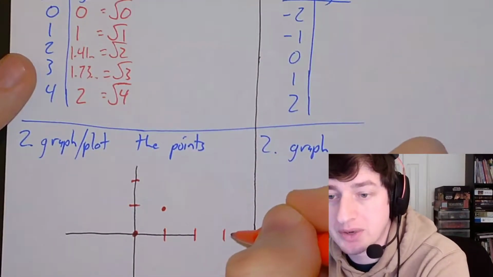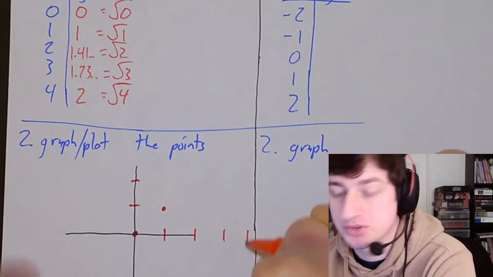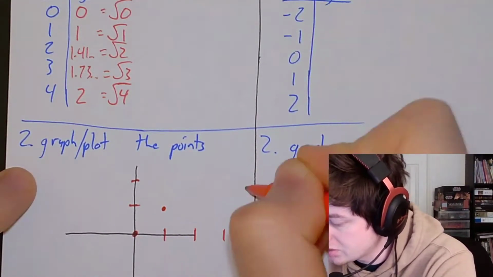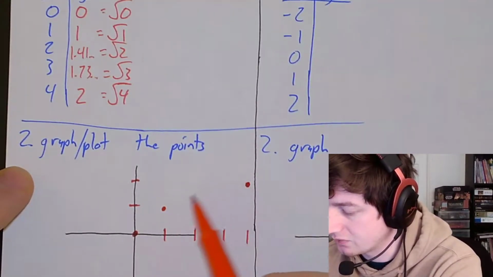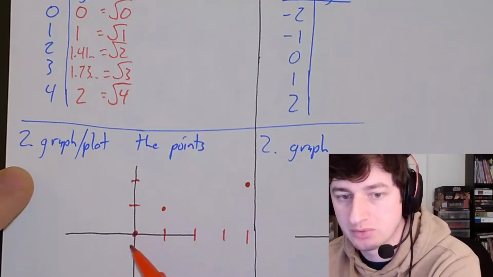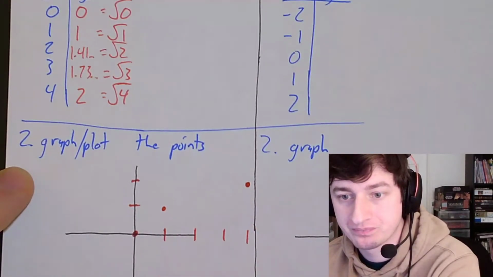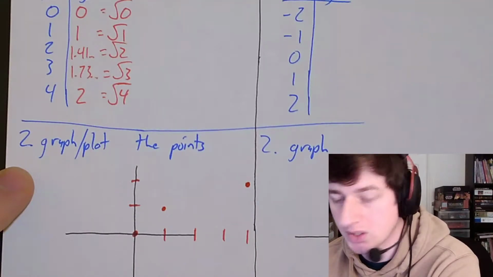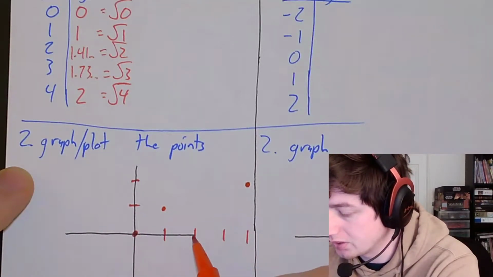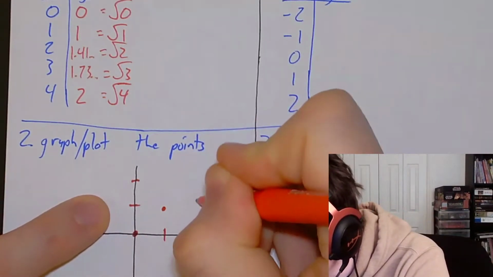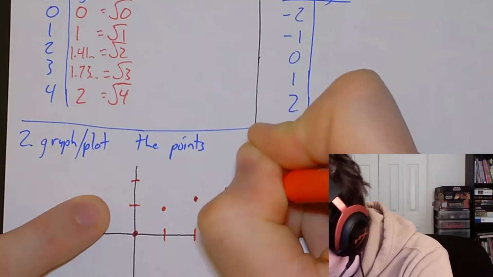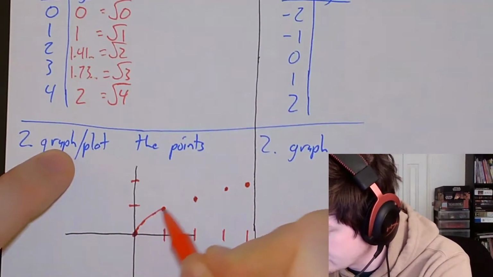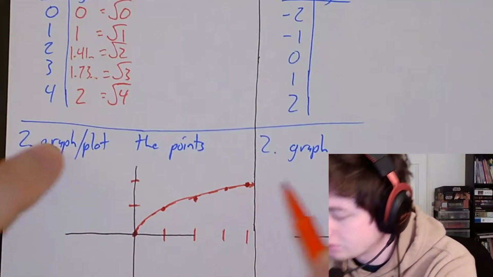And then I'm actually going to plot all the easy numbers first. 4, 2 is my last point. So you can tell it's going to make this kind of curved shape going to the right. Okay, and then so we go to 2, and then it's at 1.41, which is a little less than 1.5. So like there, and then 1.7, like there. So our graph looks like this.